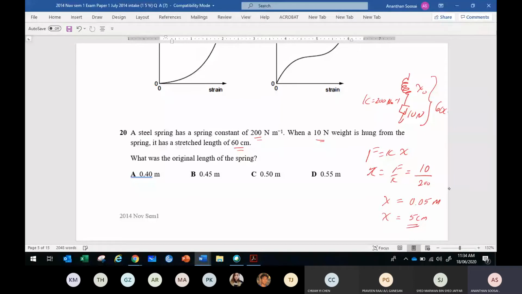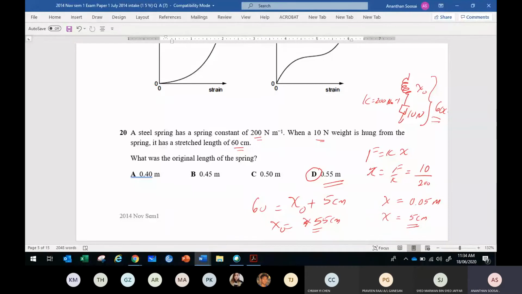So the 60 centimeter is the total length. It's actually the original length plus the extension of 5 cm. So the original length is how much? 55 cm or 0.55 meter. Okay, can I understand?